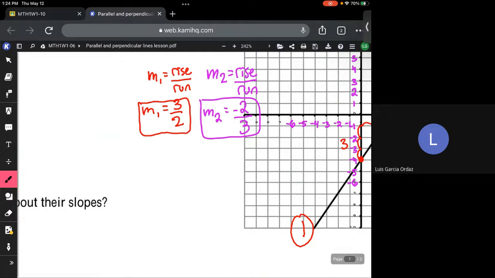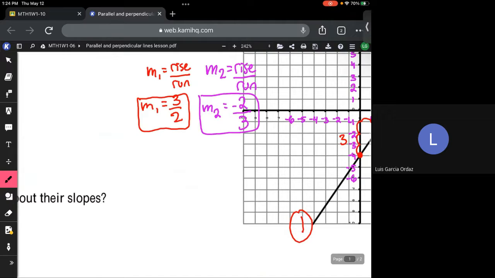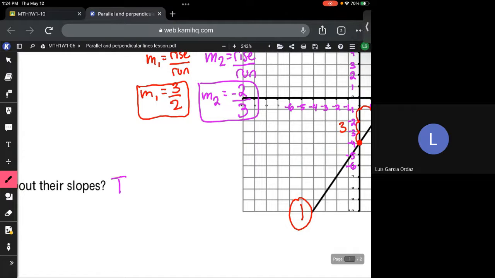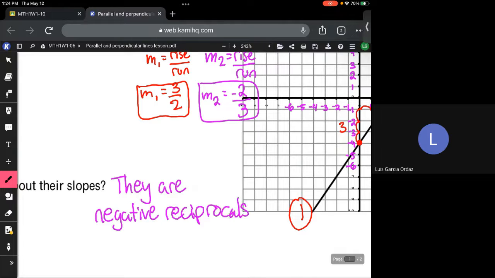What do you notice about the sign in front of the second slope? So what kind of reciprocal is it? Yep. They are negative reciprocals of each other.